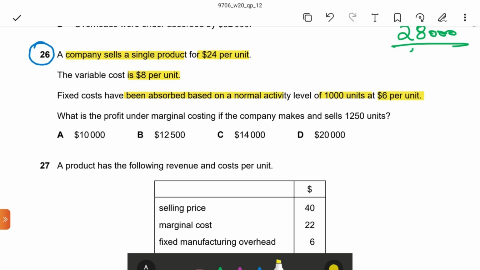So what is the profit under marginal costing if the company makes and sells 1250 units?